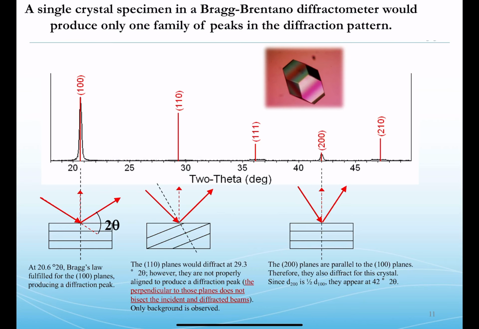So to emphasize that earlier point about the plane normal being off angle from the diffraction vector, we show that here. So in the case where a single perfect crystal, in this case a garnet ruby, is studied, we have perfect planes of atoms all the way through this crystal. It's a perfect crystal.